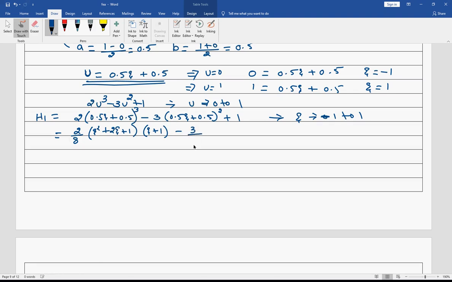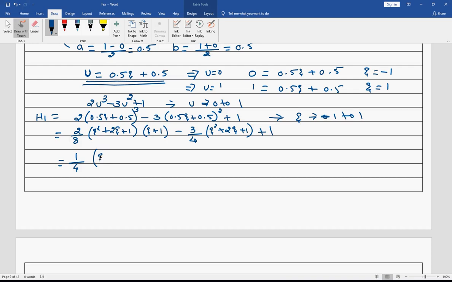So 0.5 taken common, so 1 by 2, it's 4. Okay, and it's square. So (xi square plus 2 xi plus 1) and plus 1. So this is 1 by 4 and this is 3 by 4, and 1 by 4 I can take out common.